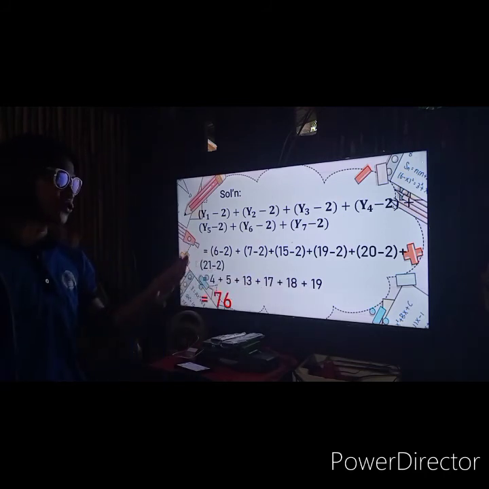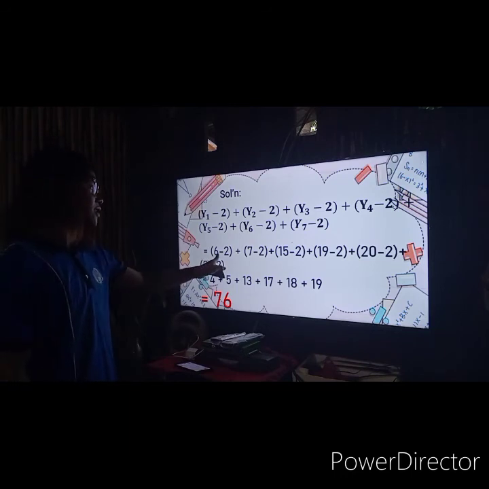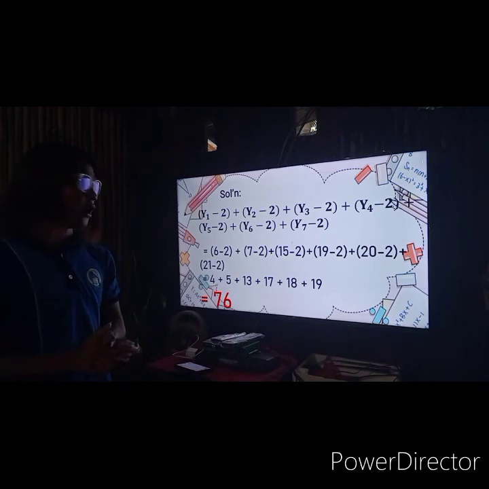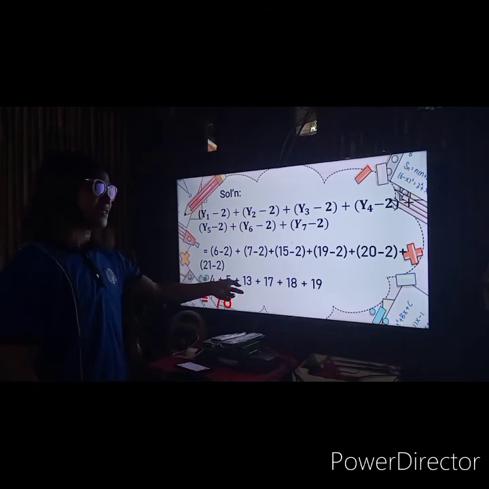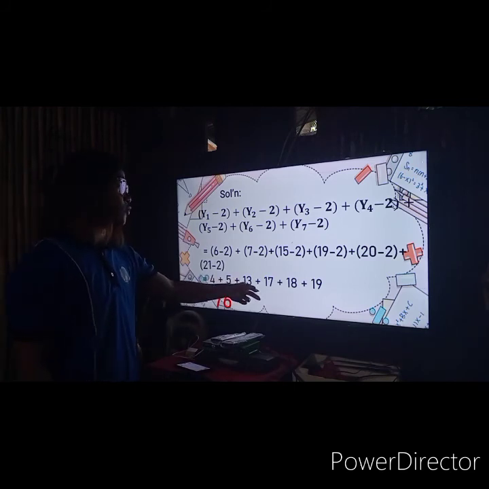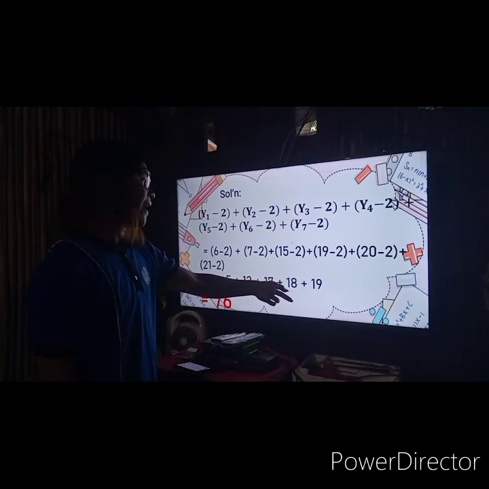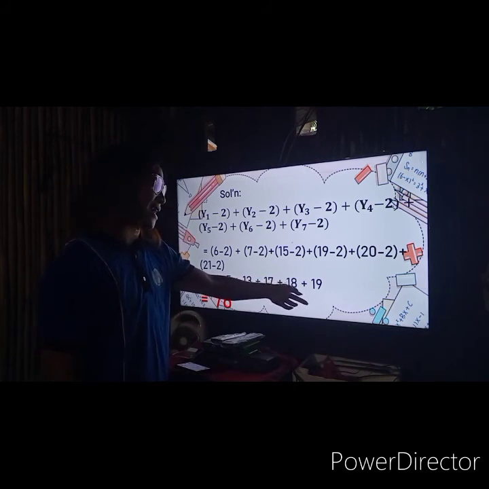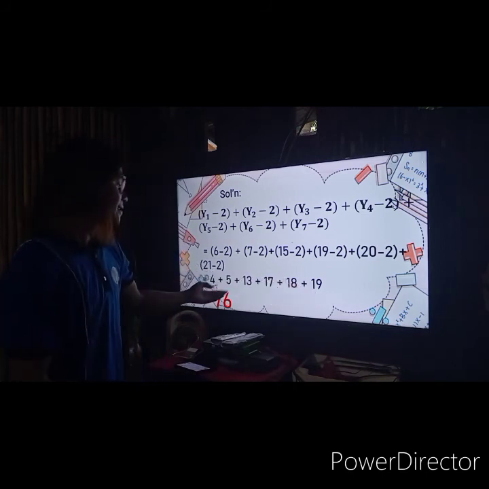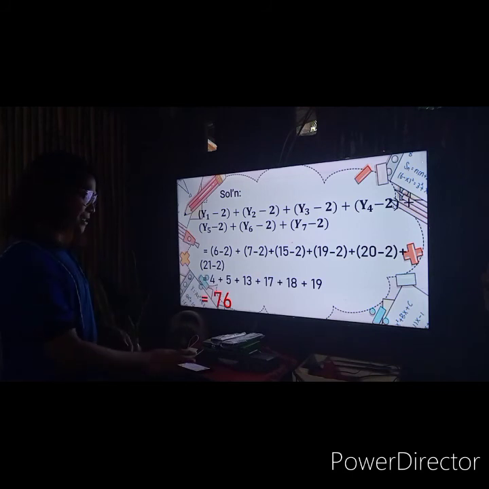After you subtract those values by 2, add them all. So 4 plus 5 is 9, plus 13, we have 22, plus 17, we have 39, plus 18, we have 57, plus 19, a total of 76.